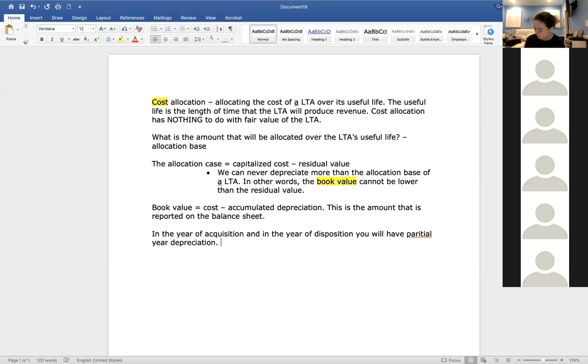If I purchased an asset on April 1st, so that's the year of acquisition, how many months of depreciation would I take that first year?